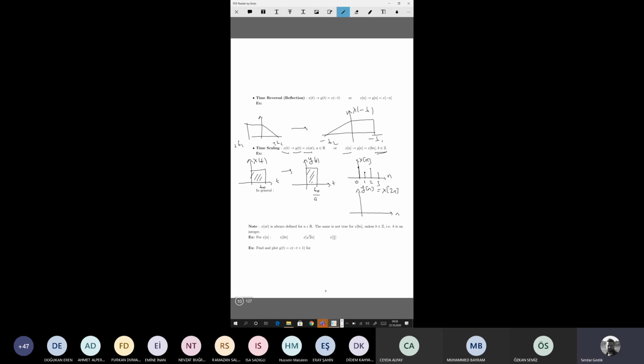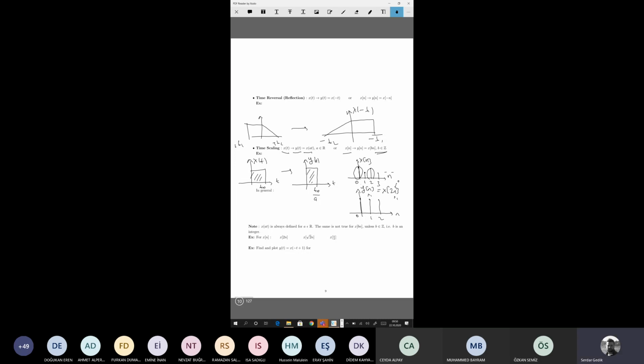Y0 is x0, so put here 0. Y1 is x of 2, so put here 1. Y2 is x of 4, and it goes on like this. So this is my yn. I will take only the high samples. So this is 1, 2, and 3. Let's say it goes on like this. So this is my yn signal.